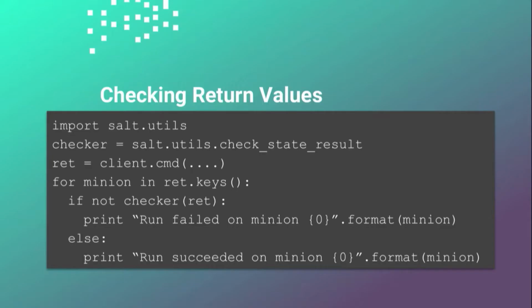So built into the library already is a state checker that you can pass along. And I'm just going to give the room 10 seconds of silence and let everyone gloss over this code to get a feel for what that looks like.